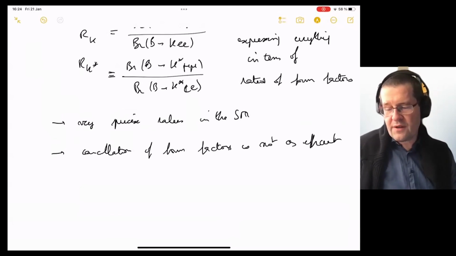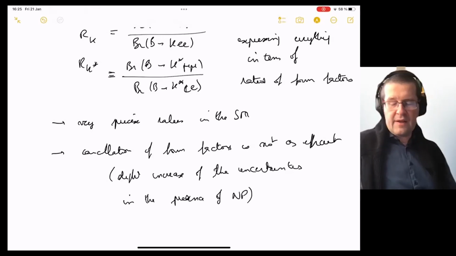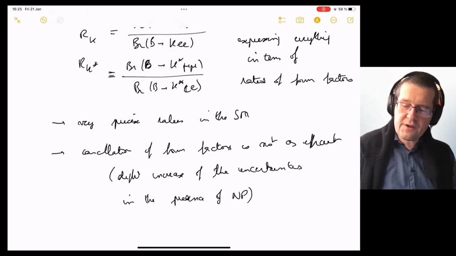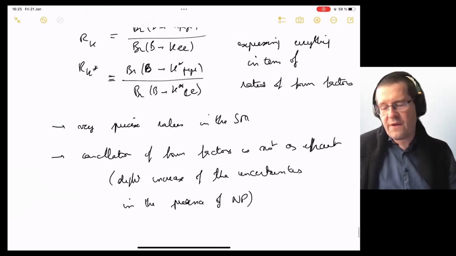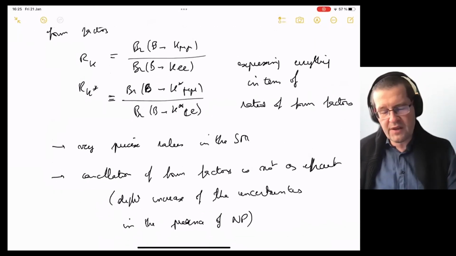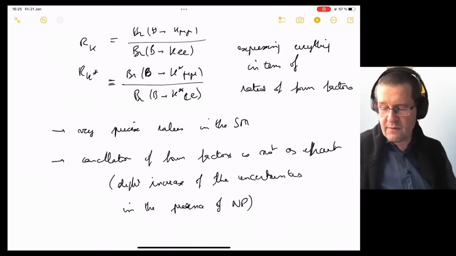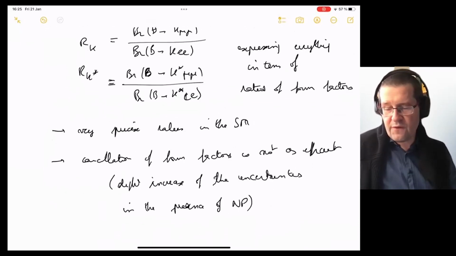So there is a slight increase of the uncertainties in the presence of new physics. It remains rather clean observables, in the sense that they're not too much polluted or too much affected by hadronic uncertainties, but still they do have some elements of uncertainties from the form factors.